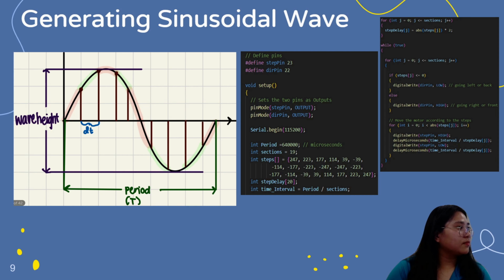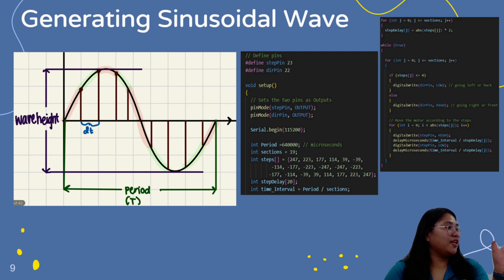But you are following basically the same cycle, like 247, 223, 117, then negative. So it's basically the same cycle for the crest and the drop. Yes, because it goes forward and back the same.